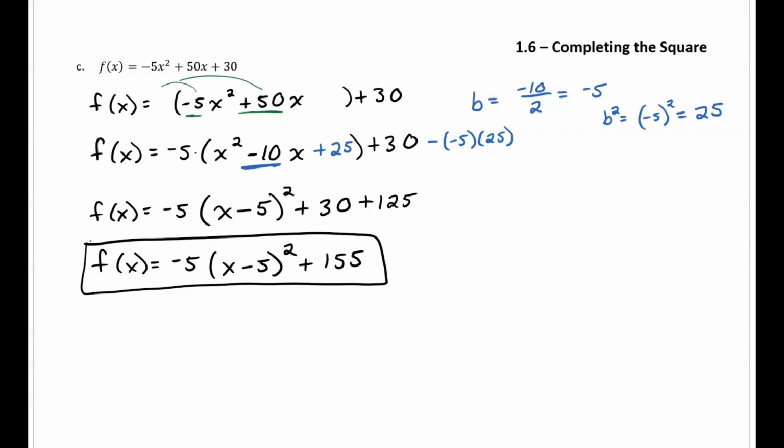So the key, right? A couple of things as a takeaway. It always is just the number divided by 2 and then you square it. That's what you're going to add or subtract. You have to make sure if you factored anything out from the beginning, because this only works if you have an x squared.